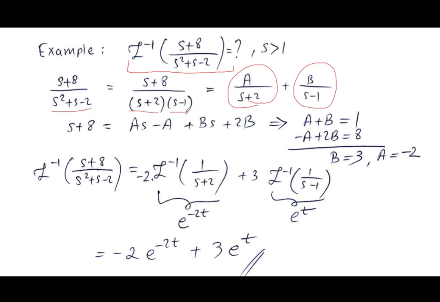So I need to decompose this into individual expressions a over s plus 2 plus b over s minus 1. My goal again is to solve for the unknown coefficients a and b. And that's not very complicated.